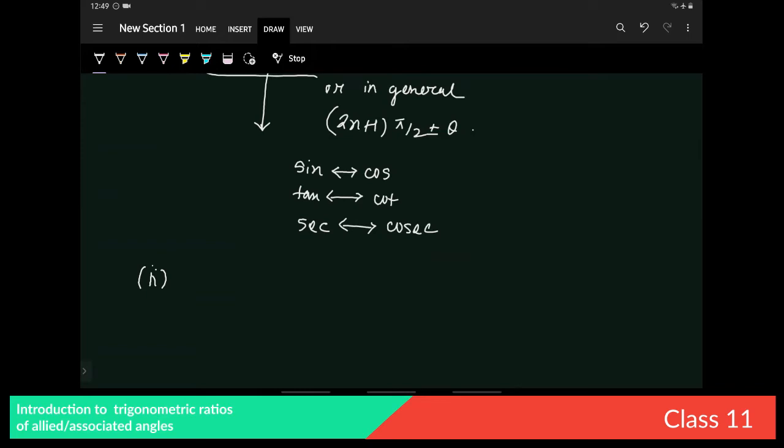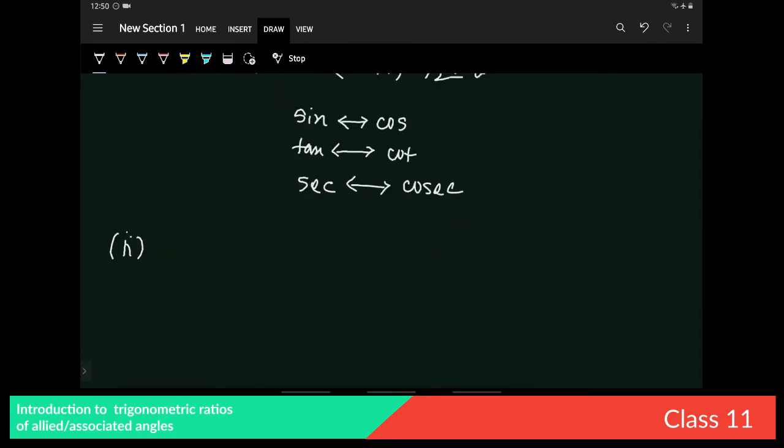Pi means 180, so 180 plus theta, 180 minus theta, or you can say 2 pi plus minus theta, that is 360 degree minus theta, or 360 degree plus theta. So horizontal means pi plus minus theta, 2 pi plus minus theta, or in general it is n pi plus minus theta.